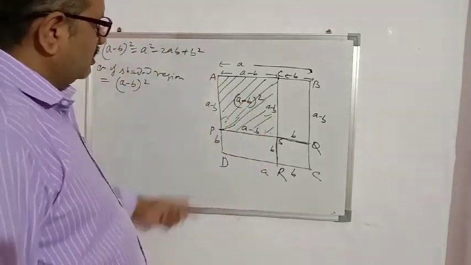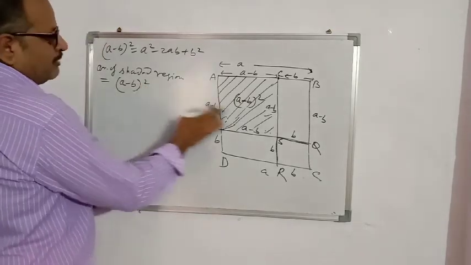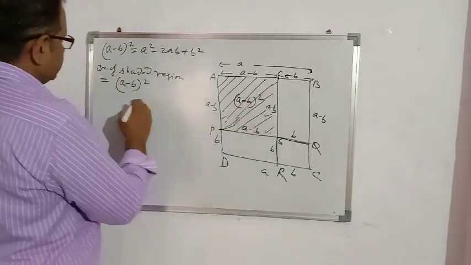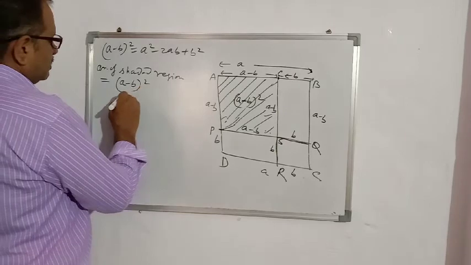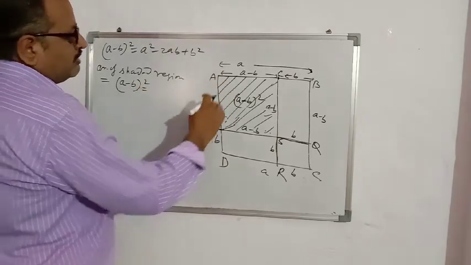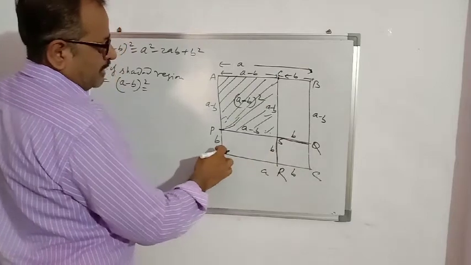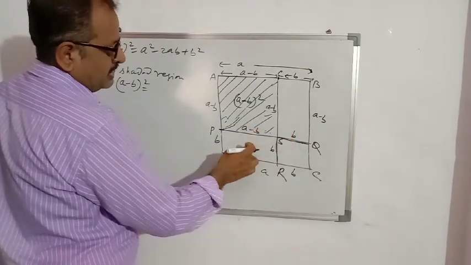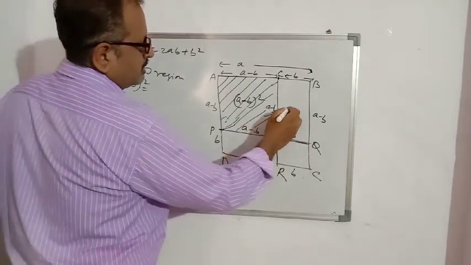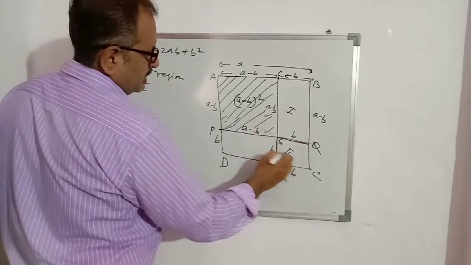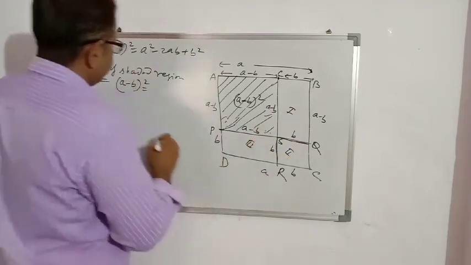How can we get this area, (a minus b) whole square? It will be equal to the area of the whole square minus the area of the 3 unshaded regions: first region, second, third.